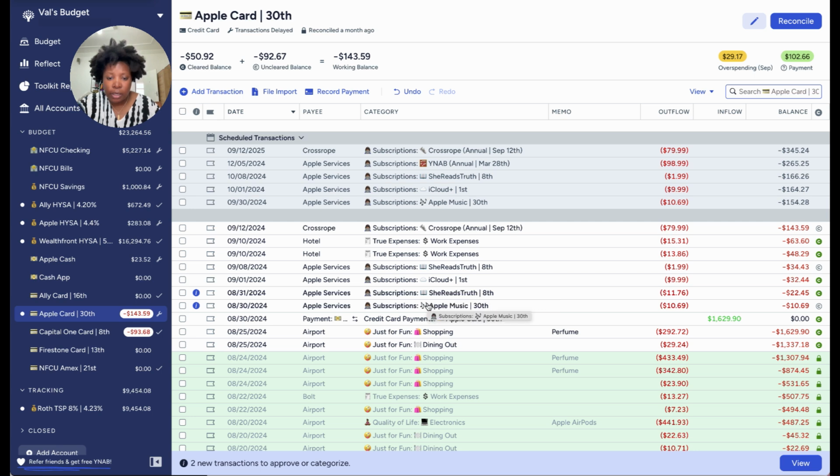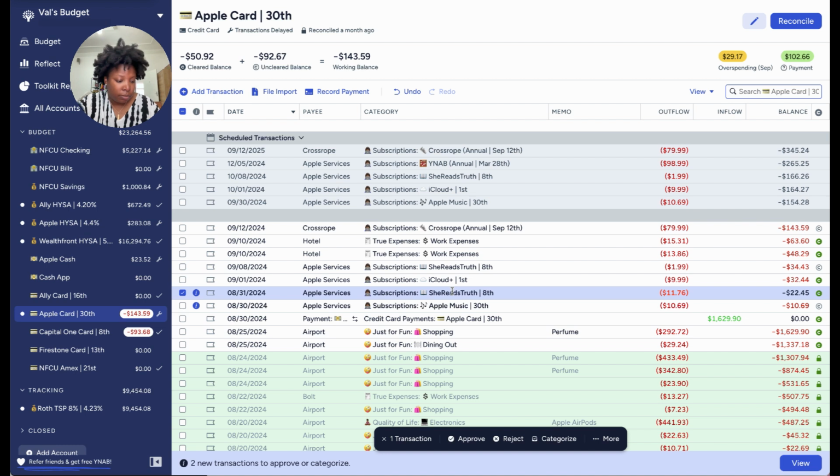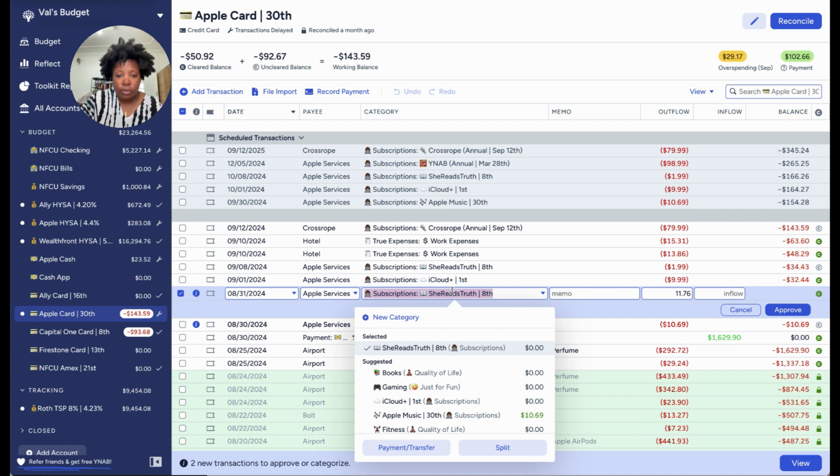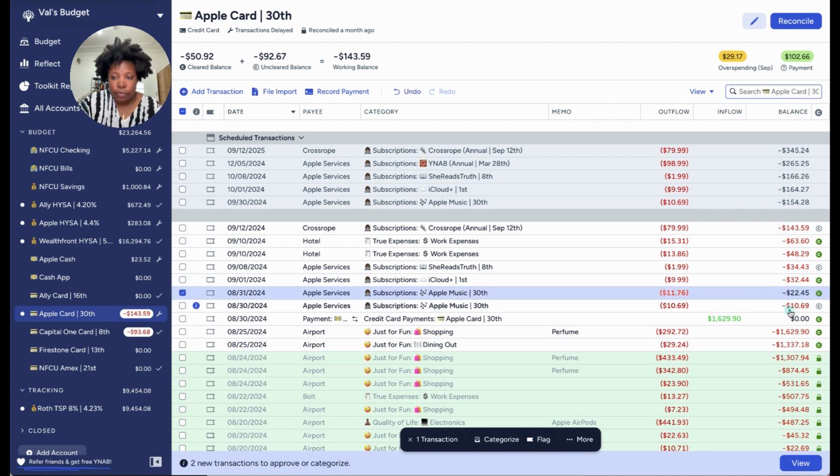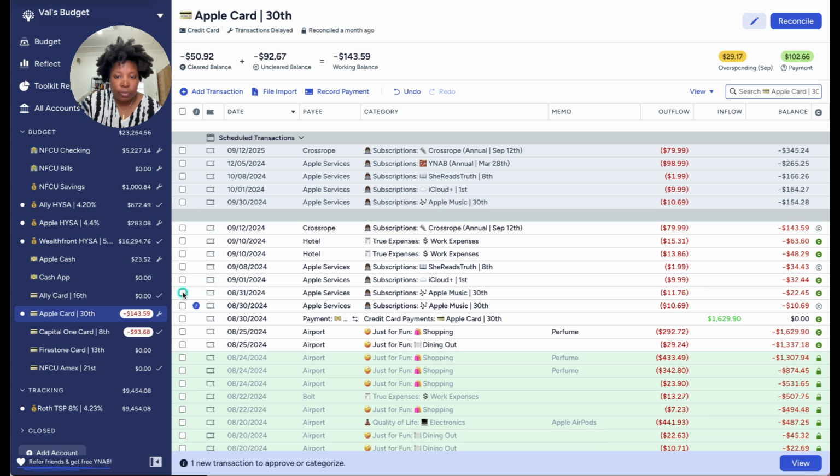1176 and 1069. So the 1176 was my Apple Music, because they upped the subscription. So this one is Apple Music actually. And then the other one, what's here, 1069.